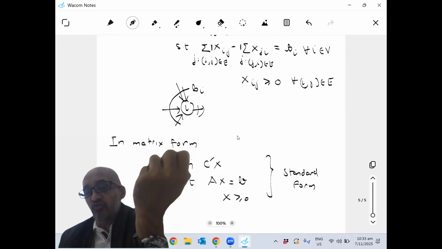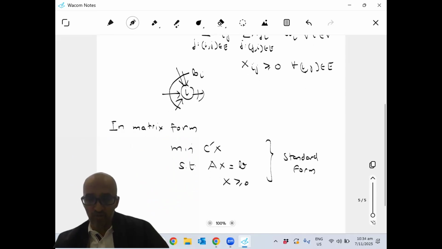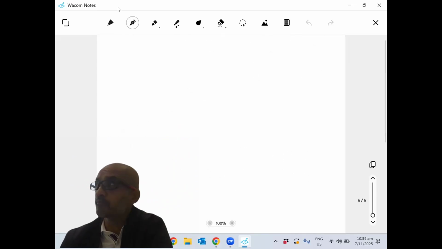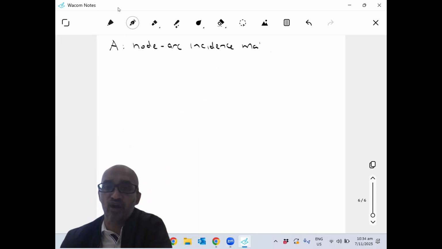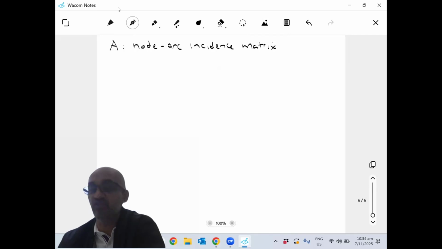So the entries of this matrix A will only have -1, 1, or 0. So it's a structured matrix. A is what is called a node arc incidence matrix. It's a way to store the structure of a directed graph.